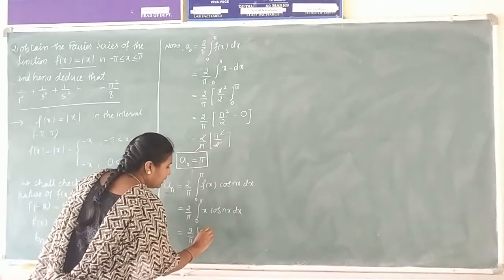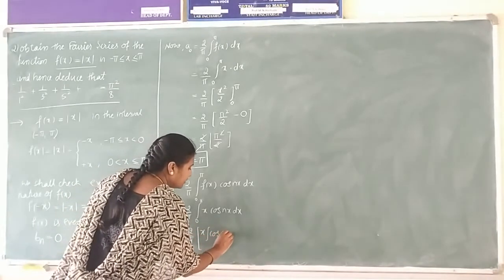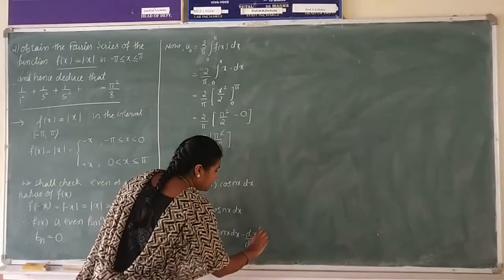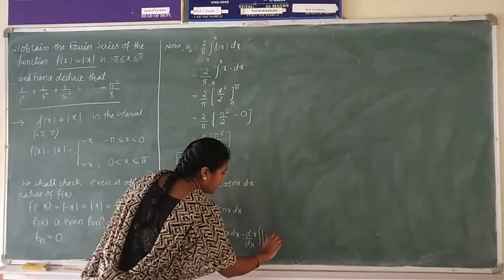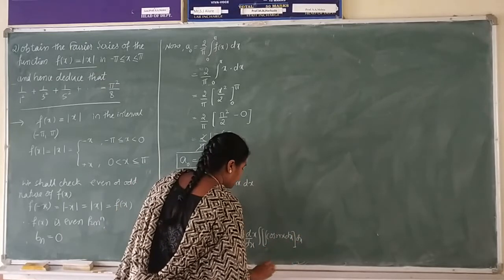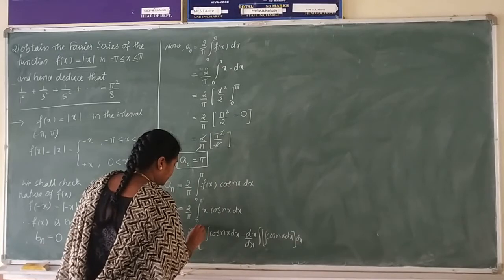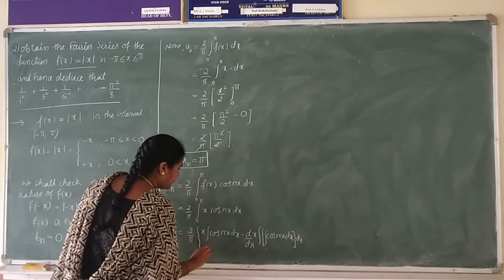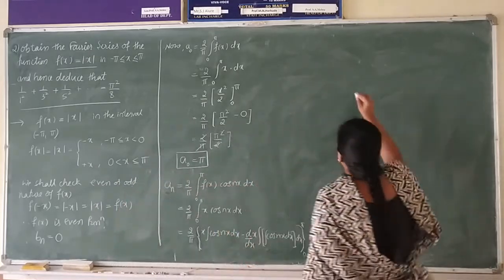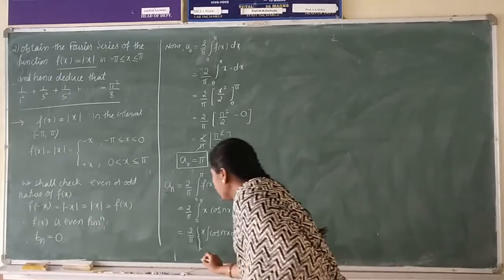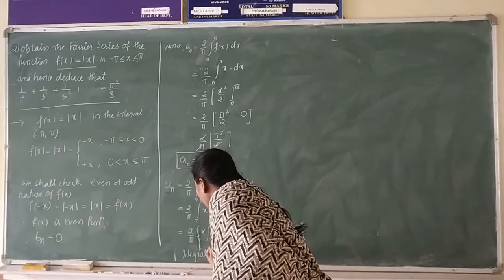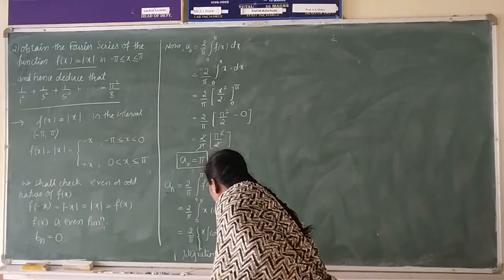That is x into integration of cos nx dx minus d by dx of x into the integration of the integration of cos nx dx, with the limits 0 to pi. Integrate this one by Bernoulli's rule.